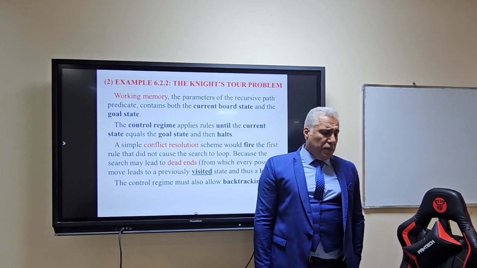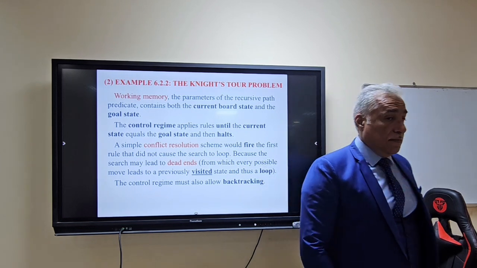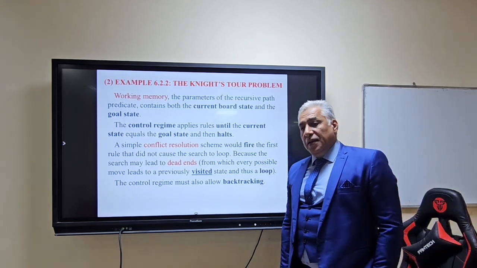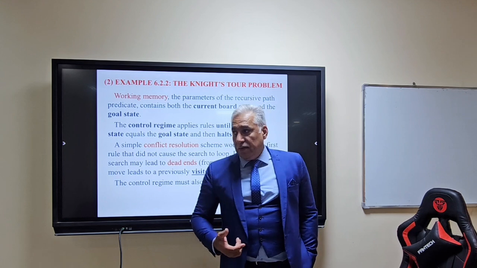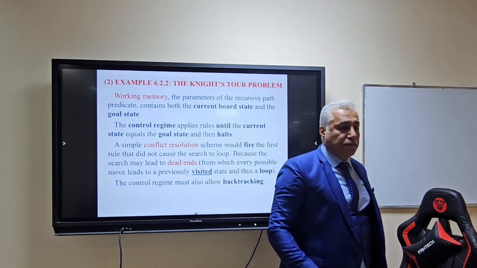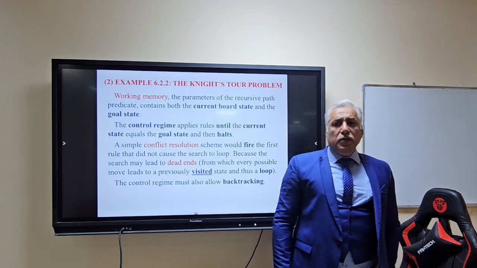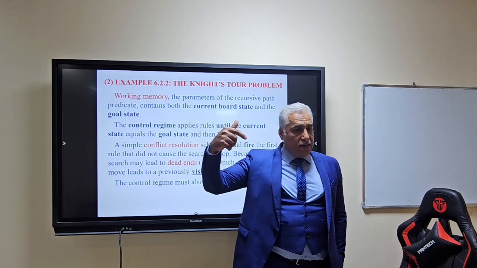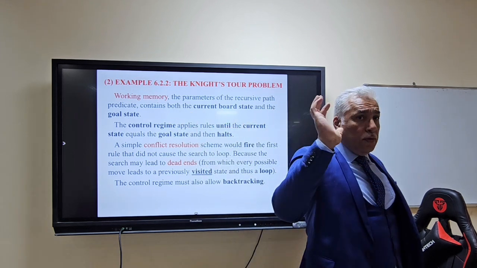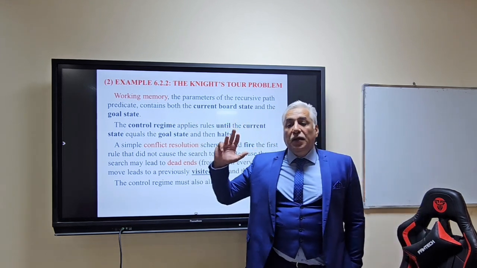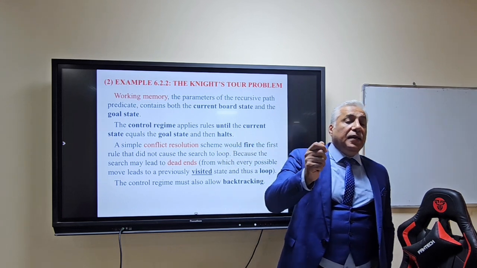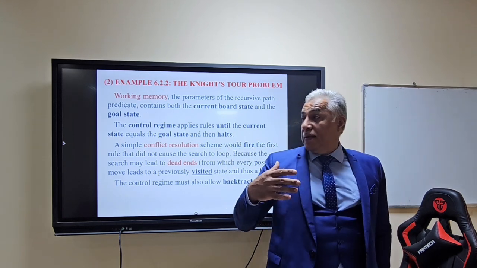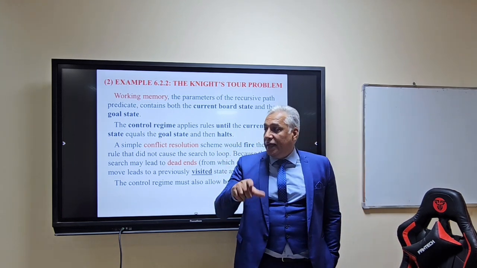I think you remember that in the search algorithm, in the forward or the backward, in any one of them, we use two lists, open and closed. And we use the closed list to guarantee we don't reach a loop.